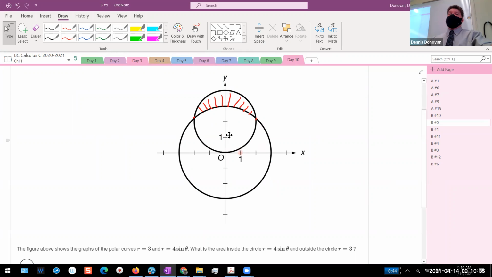As a decimal, that's 0 to 1.57, right? And as a decimal, from pi over 2 to pi, that's 1.57 to 3.14. So those are the two intersections in those domains, right?